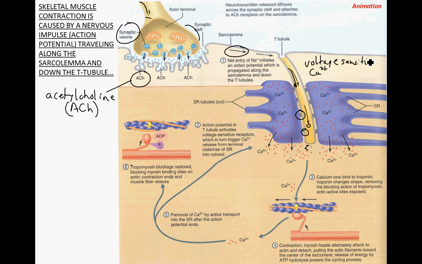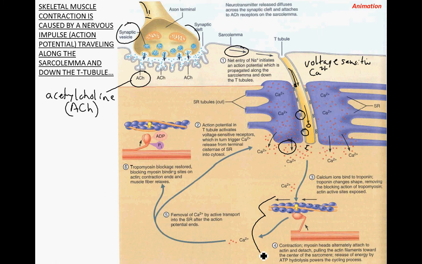So the voltage sensitive calcium channels will open. That will then release calcium ion out of the sarcoplasmic reticulum into the cytoplasm. And that calcium ion will then bind with troponin, moving tropomyosin off, as we see here, and initiating the cross-bridge cycling, which we'll deal with in another screencast.